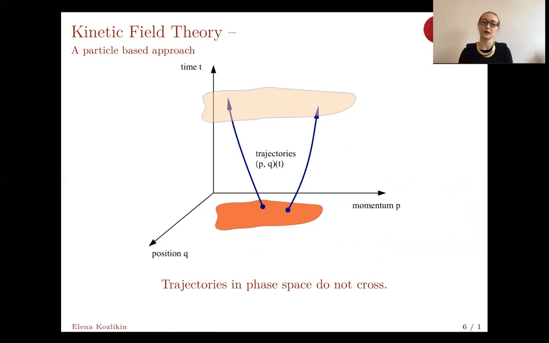The advantages of kinetic field theory are, first of all, it's particle-based, and second of all, it works in phase space, so the particle trajectories in phase space cannot cross, and so by construction, you do not have the shell-crossing problems that other analytical approaches suffer from.